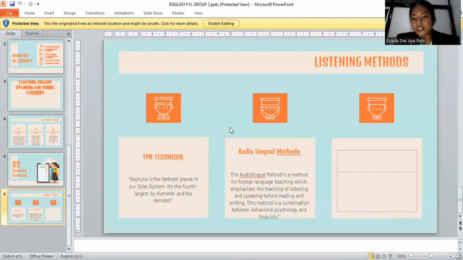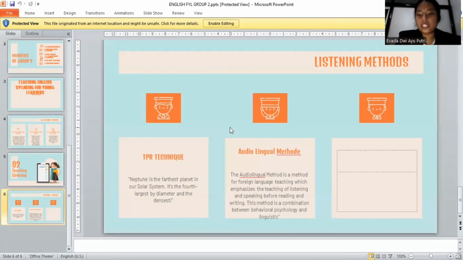This method is also a teaching style used in teaching foreign language, which recognizes that certain traits or characteristics of living things can be trained through a reinforcement system that emphasizes the teaching of listening and speaking before reading and writing.